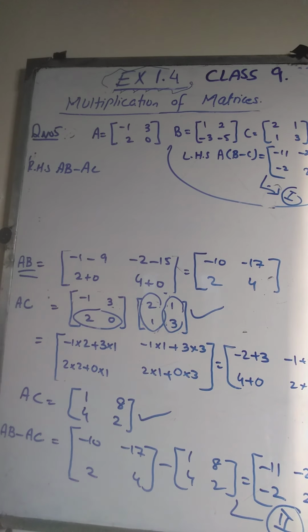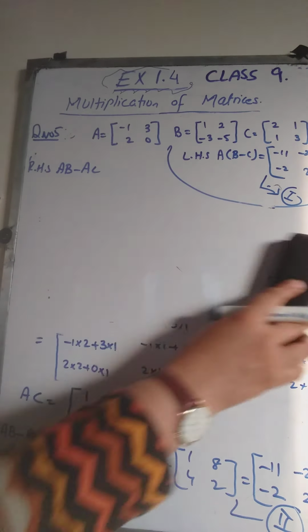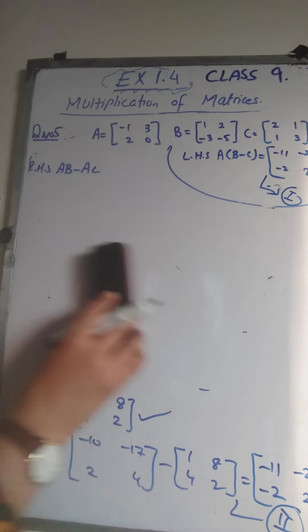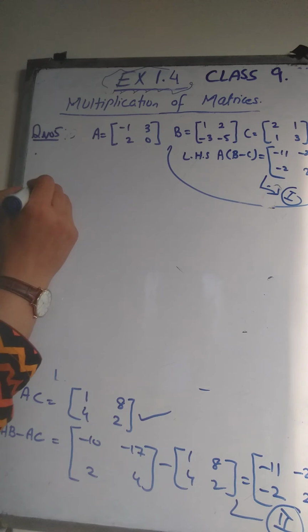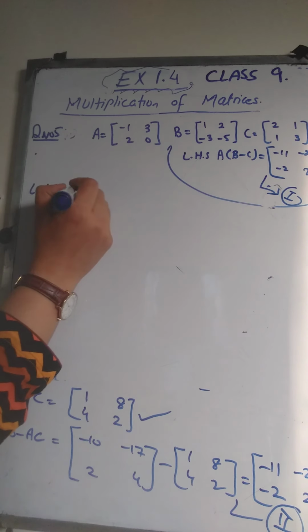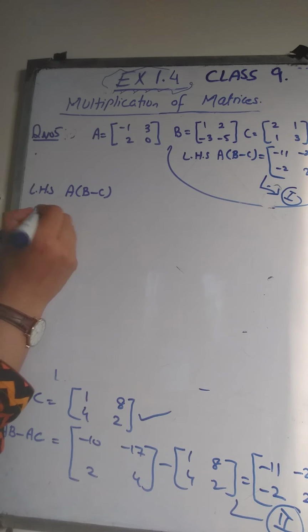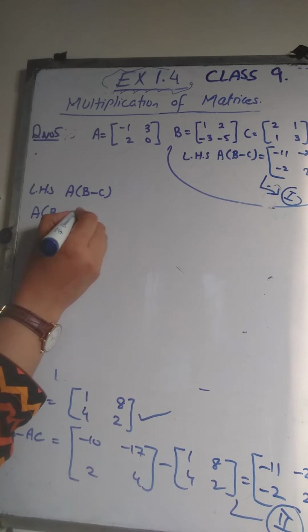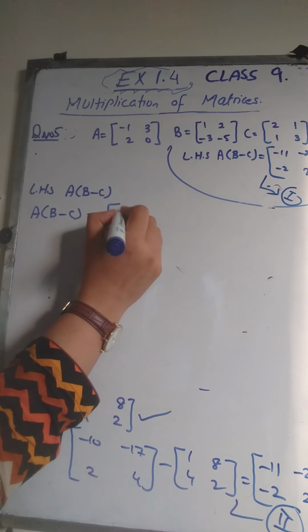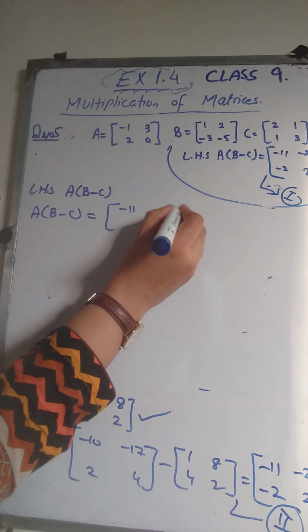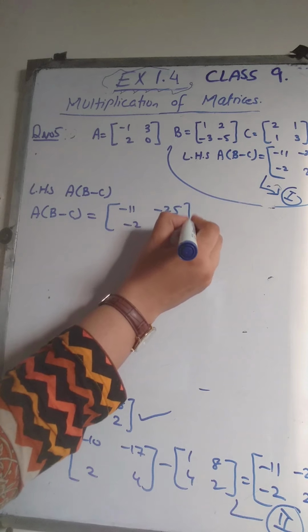Now let me write both the sides and the answers only, and then do the discussions. First we calculated the left hand side, A into B minus C, and the result came out to be negative 11, negative 25, negative 2 and 2.